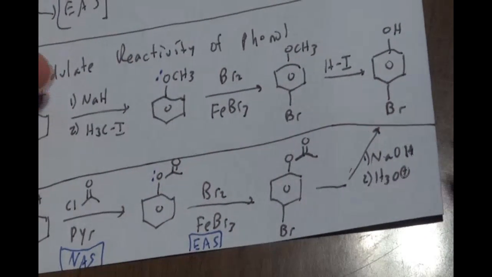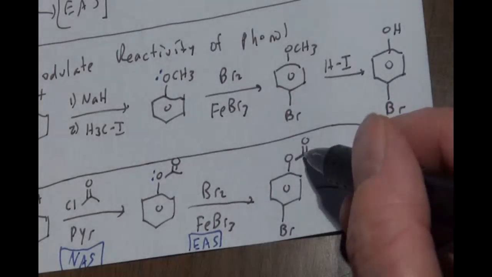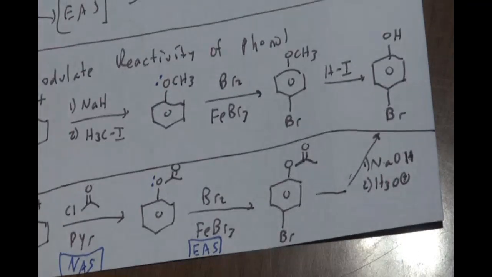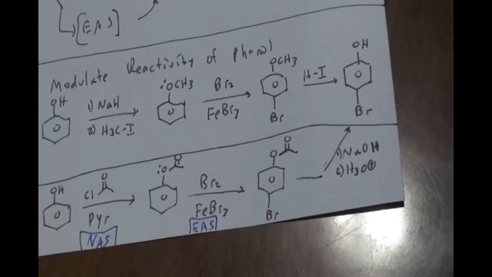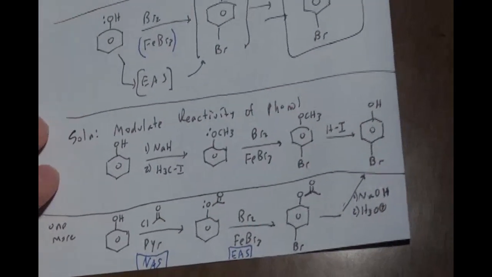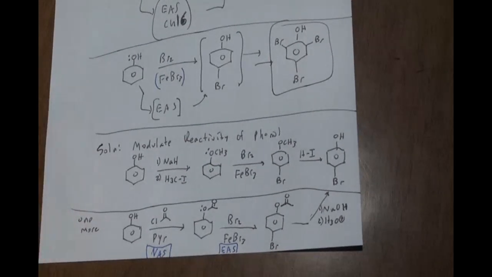It would be a base-mediated saponification. Hydroxide attacks the ester, kicks off the oxygen. Okay, cool. So that was kind of the idea of reactivity modulation that we learned in chapter 16, applied to phenols.